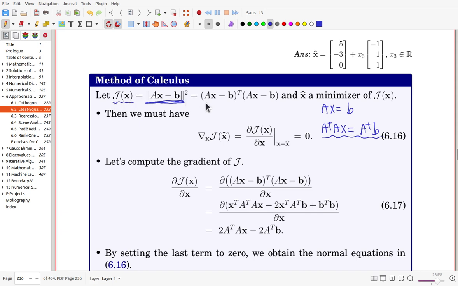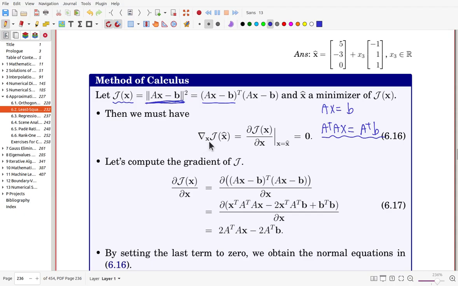Then we can write it this way: Ax minus b, which is a vector, so its transpose times Ax minus b. And x hat is a minimizer of this functional J of x.